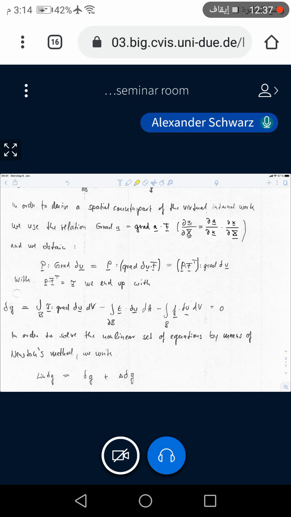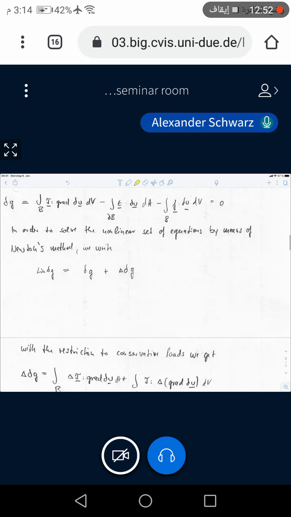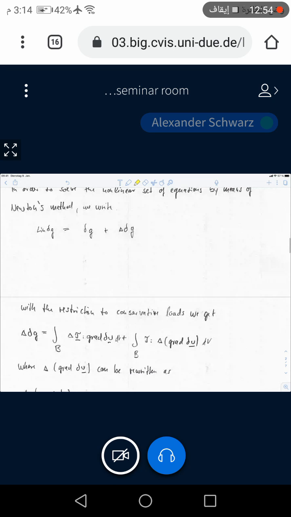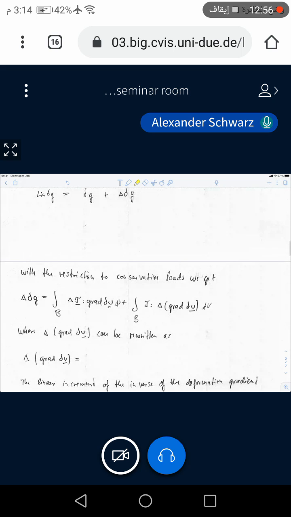So the linearized small delta G is of course delta G plus a delta G. Delta G is already here, and we now have to take into account the linearization delta G. Okay, how does it work? Here for the first part, we restrict ourselves to conservative loads.